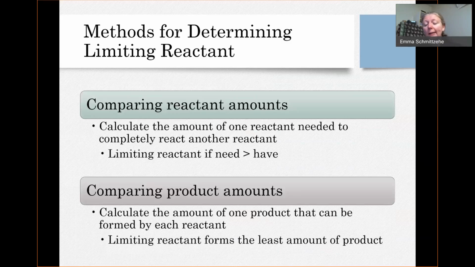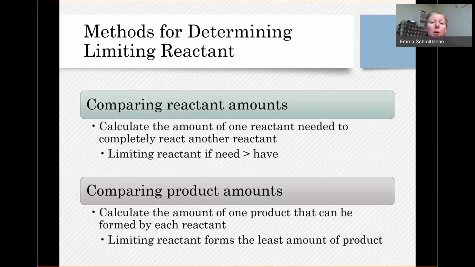If you want to compare product amounts, you take your starting amounts of each individual reactant and convert them to a product. You calculate how much product you could form from each one.